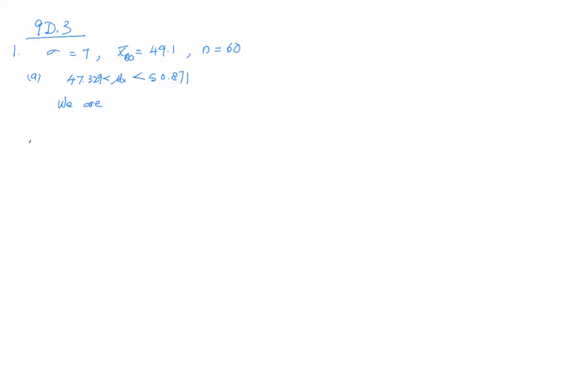If someone claims the population mean is at least 49, how are you going to use this confidence interval to justify this claim?